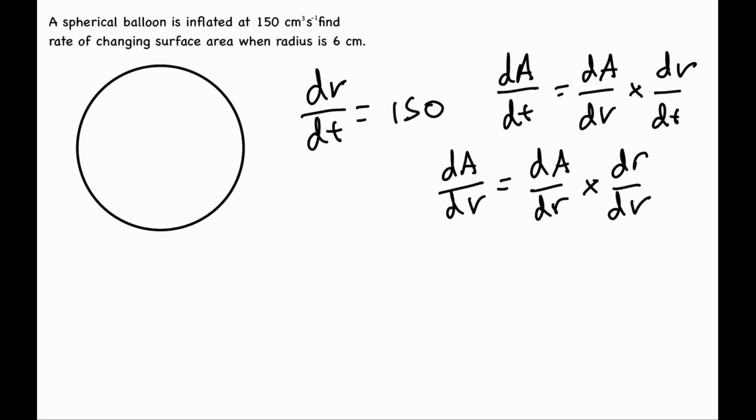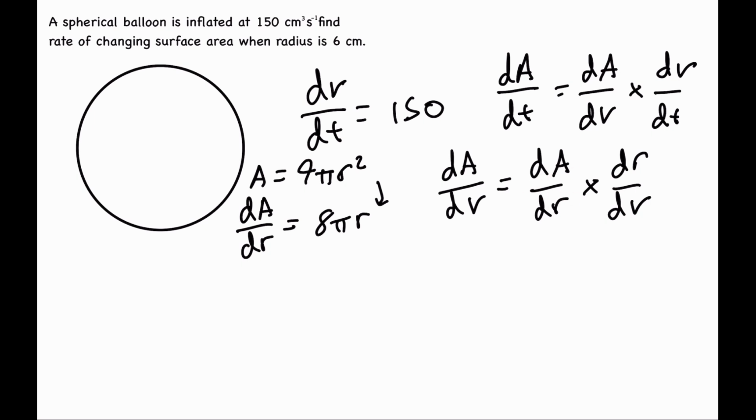We know that the surface area of a sphere is 4 pi r squared. So dA over dr, if we differentiate this formula, we get 8 pi r. And now we found dA over dr.